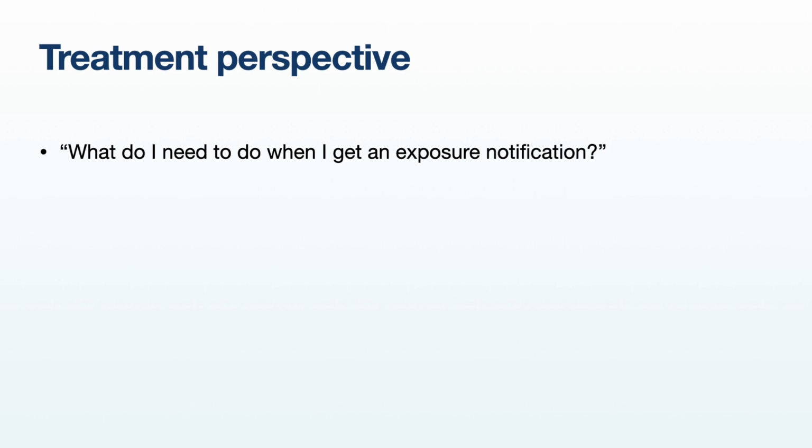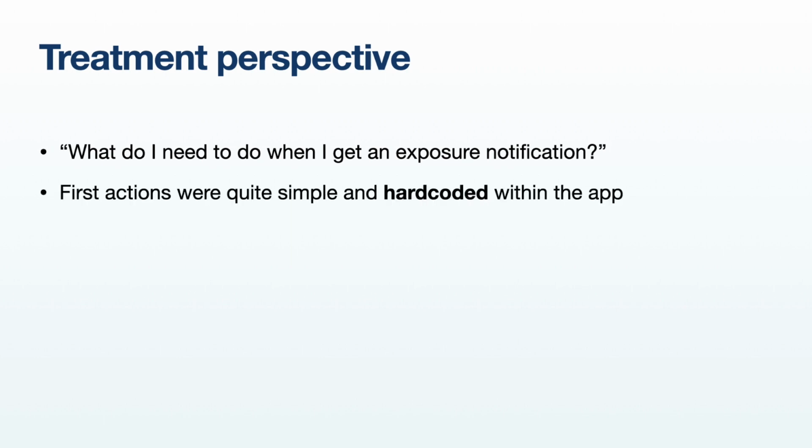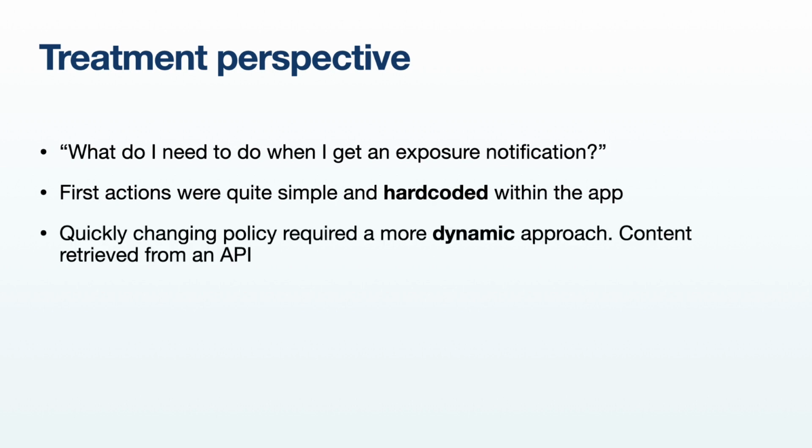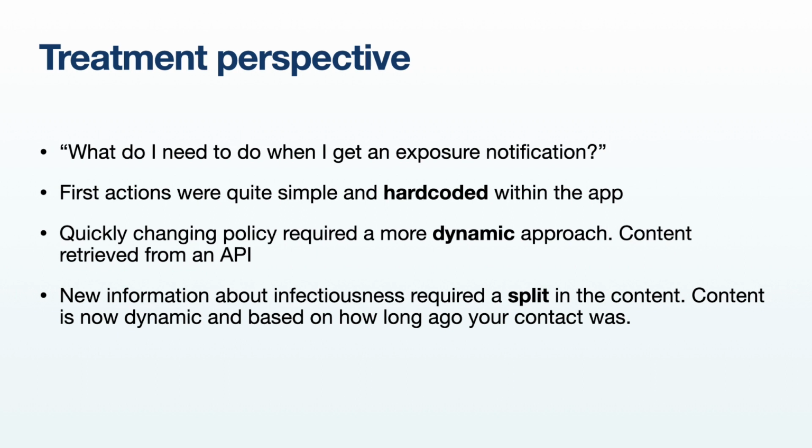Now, first of all, when the app was first built, these actions were quite simple and hard-coded within the application, because we thought if this changes, we can just release a new app quite quickly and it will be okay. But then this policy started changing, we knew more about the virus, so we required a more dynamic approach. So we built a treatment perspective that was actually retrieved from an API, where if something changed today, we can change it instantly and it will be reflected in all the apps that are in the wild right now.